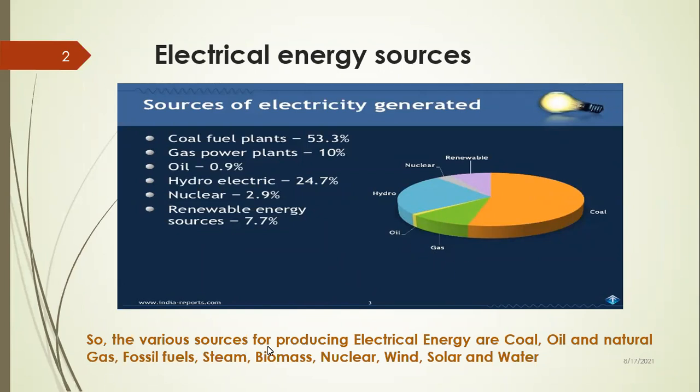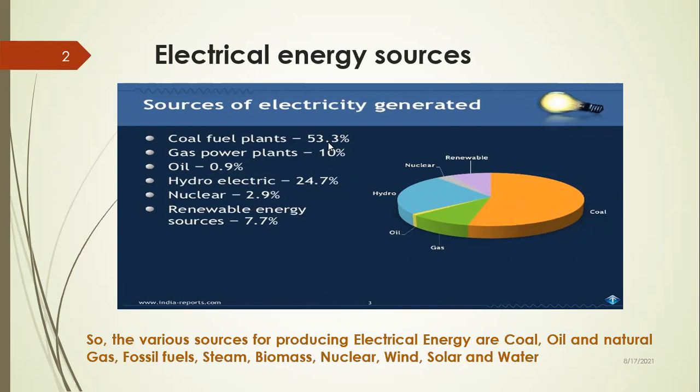Okay, so the various sources for producing the electrical energy are coal, oil and natural gas, fossil fuels, steam, biomass, in the nuclear category there is the uranium, and wind, solar and water. Okay, so these are the various sources for producing the electrical energy. And see here this circular graph, and from this we have concluded that the major category of the power plant is the coal power plants.